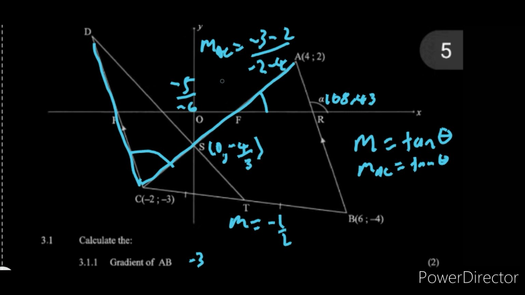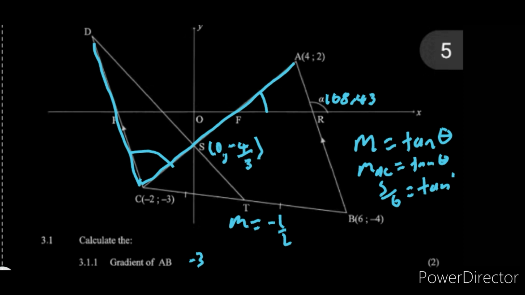So the answer is 5 over 6, and we know it's correct because the gradient is positive and the line is increasing. So it's positive 5 over 6, and that equals tan theta. To find theta, we use arctan, or inverse tan, of 5 over 6.